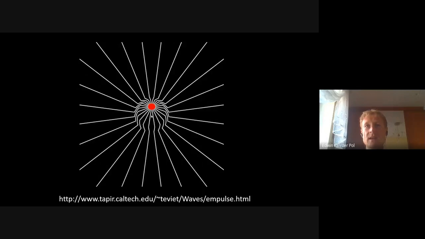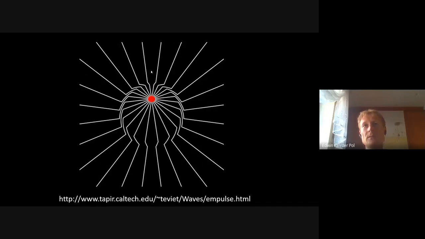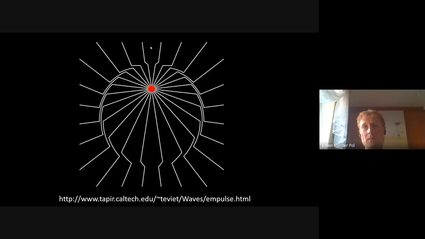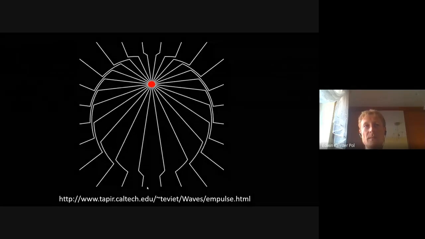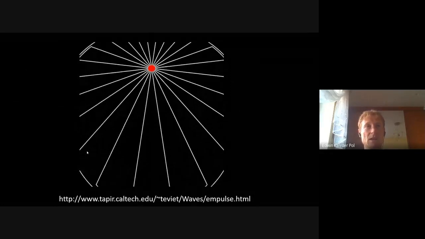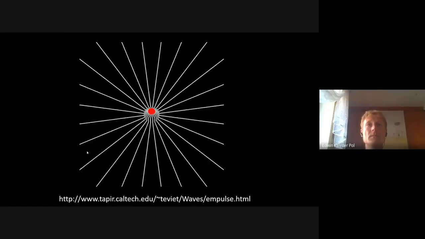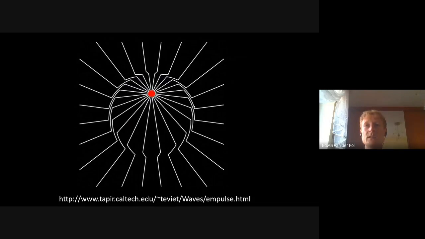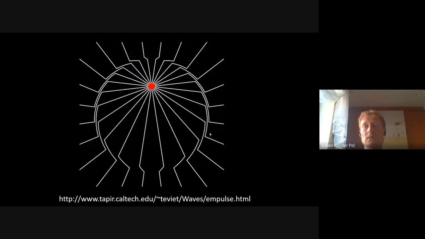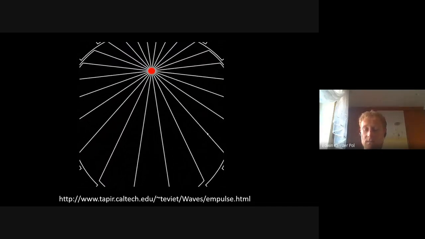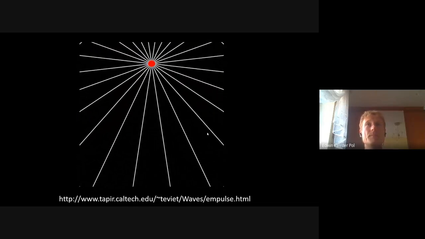In the direction where the electron is accelerating to, you don't see this pulse. On top and on the bottom, you don't have this ripple in the electric field lines. So here is where you can see the light propagating, at least the electric field component of light.